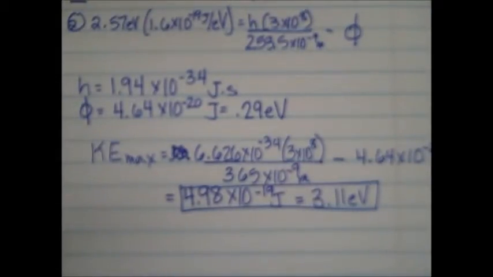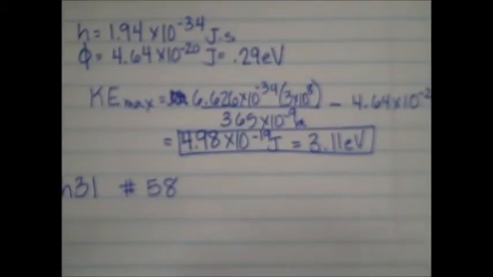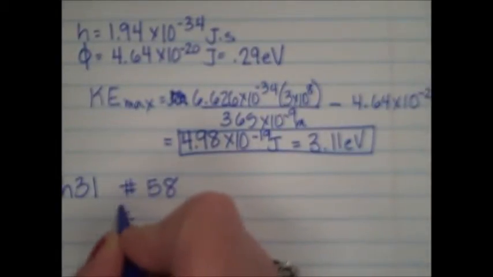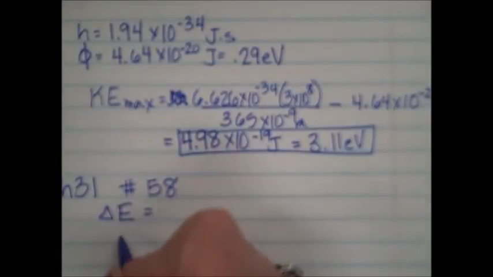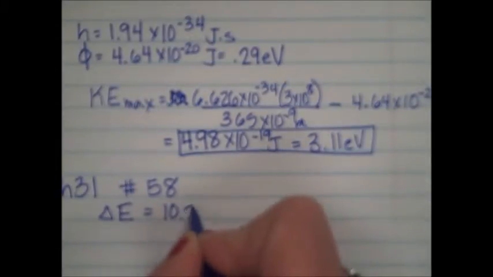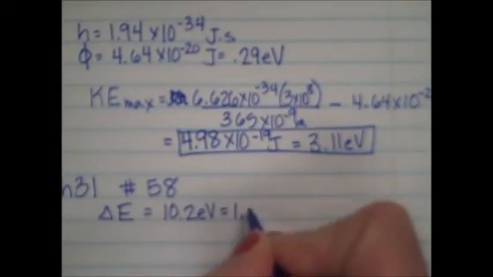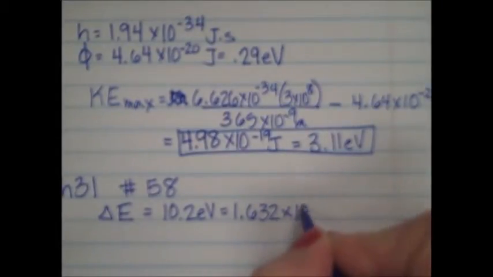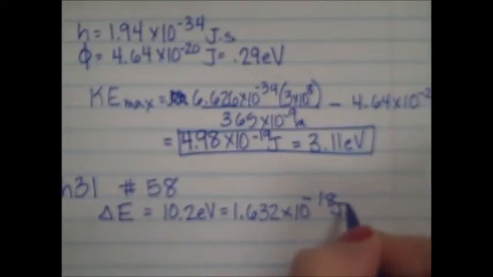Let's see, moving on. If we look at chapter 31, number 58, you had to find the energy difference, and I got the difference between level 1 and level 2 to be 10.2 electron volts, or 1.632 times 10 to the minus 18 joules.